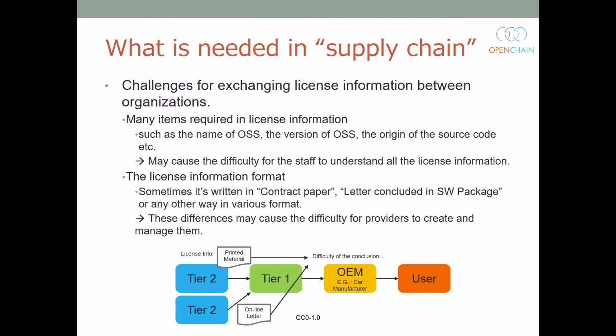Sometimes it's written in a contract paper, a physical paper, or just a letter included in the software package, or in any other way. Various formats are used in current real business. These differences may cause difficulty for providers to create and manage those license information.